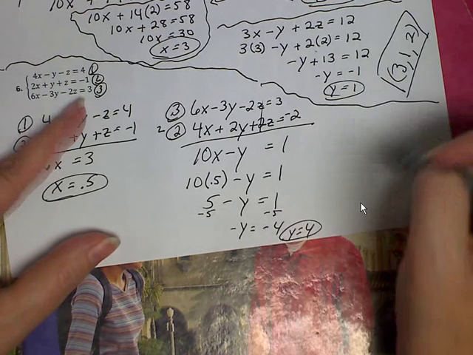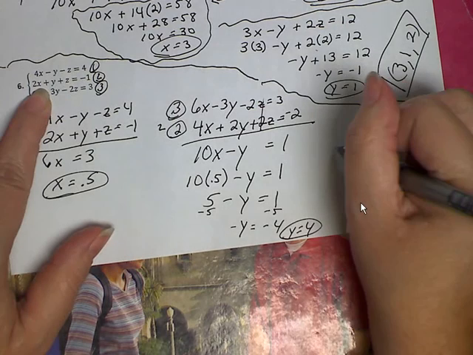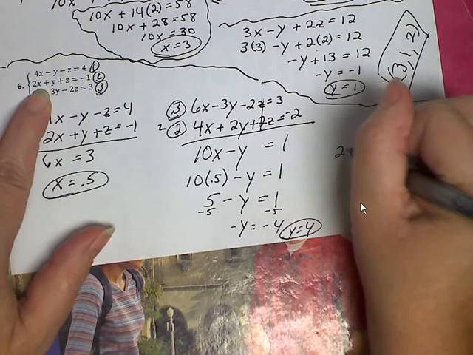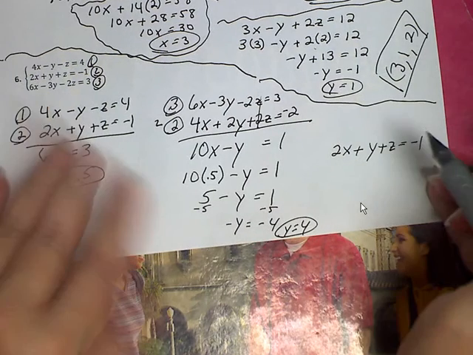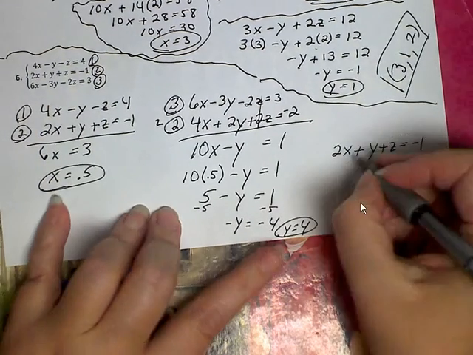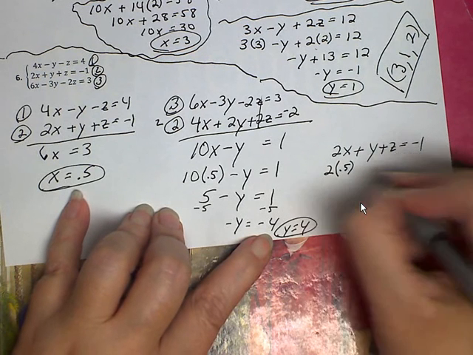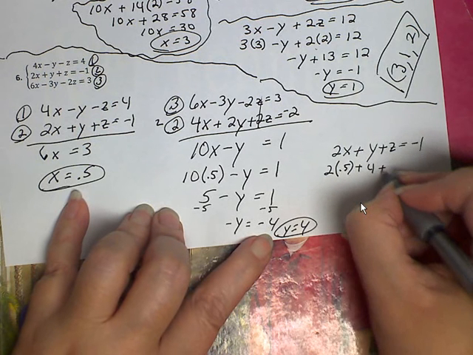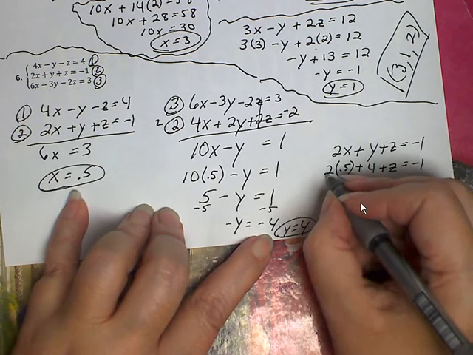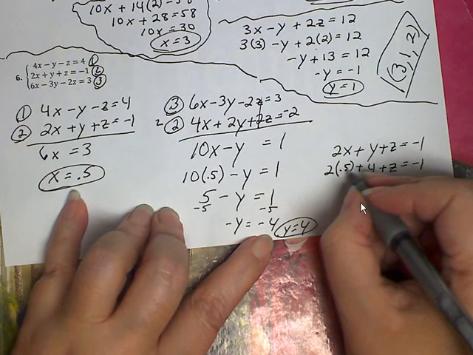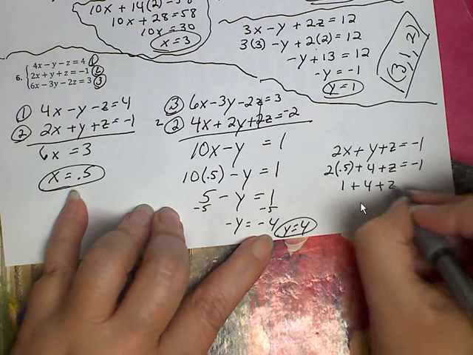And now I need z. So I'll just use this. I need z, so 2x plus y plus z is equal to negative 1. I'm going to plug these in. So I have 2 times 0.5 plus 4 plus z is equal to negative 1. 2 times 0.5 is 1, plus 4 plus z is equal to negative 1.